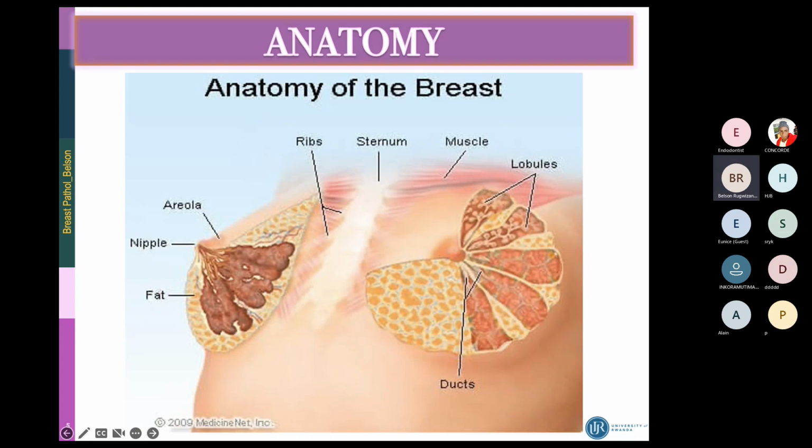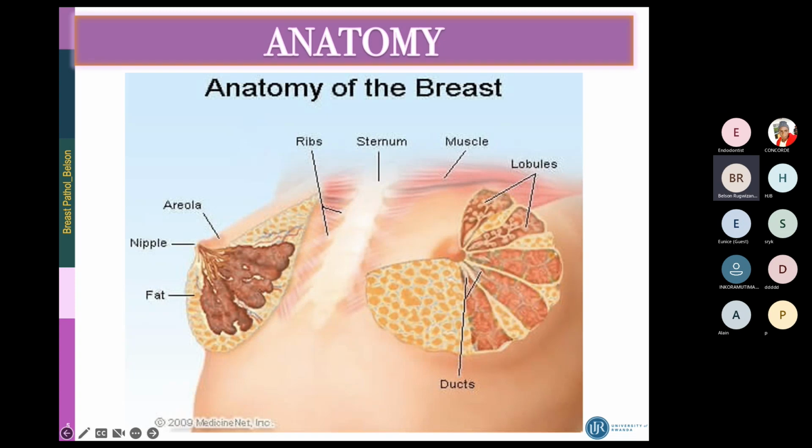That's why the diseases of the breast are mainly from epithelial cells, either from lobules or ducts. And a few diseases are from the stroma, which is fibrous and also with some fat.